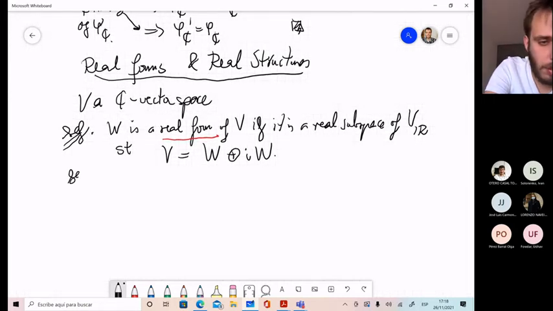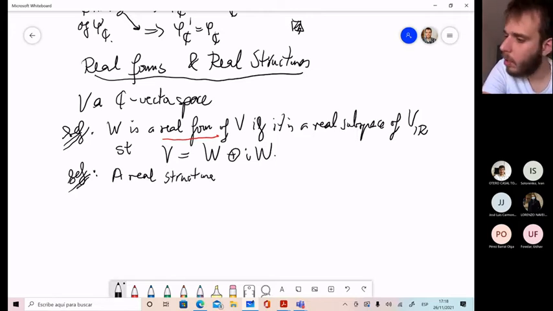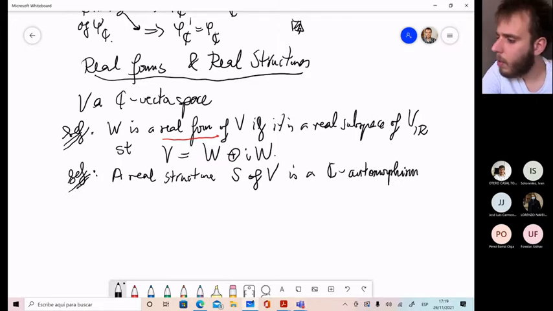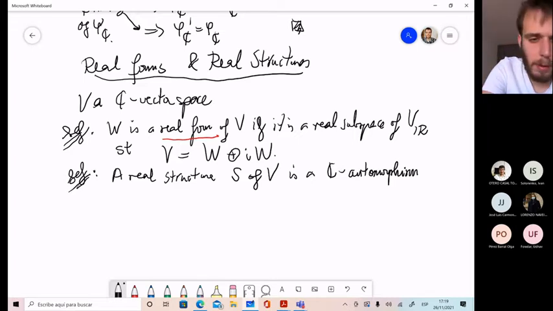Another useful definition is the following. Real structure S of V is a C automorphism satisfying the following conditions.